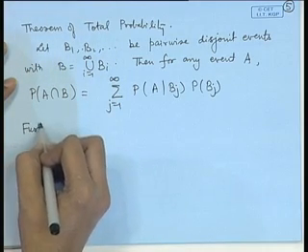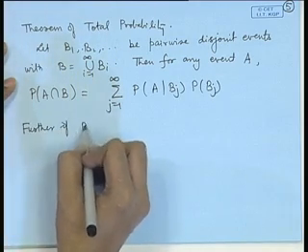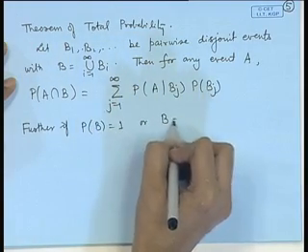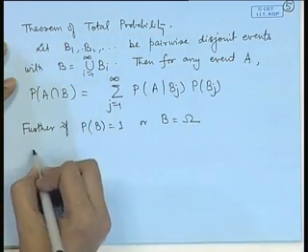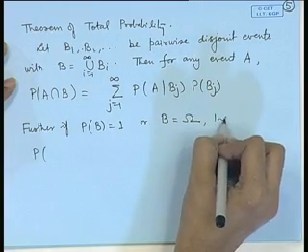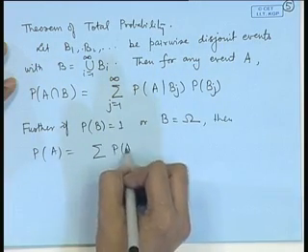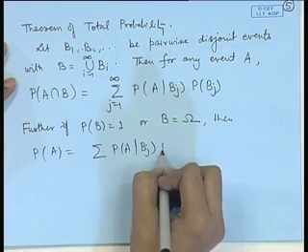Further, if probability of B is equal to 1 or say B is equal to omega, then probability of A is equal to sigma probability of A given Bj into probability of Bj.